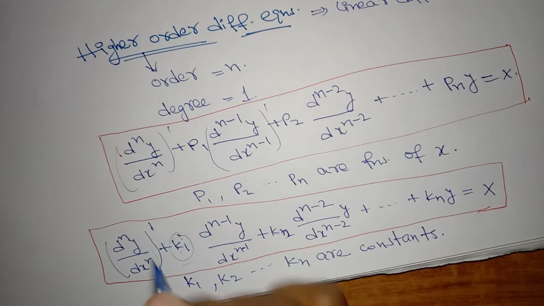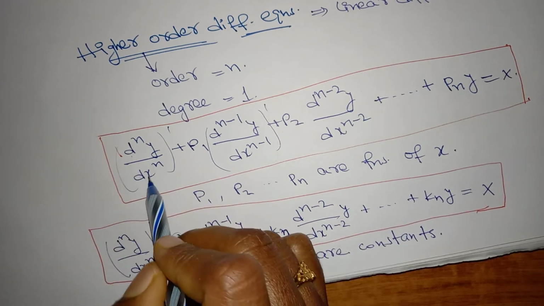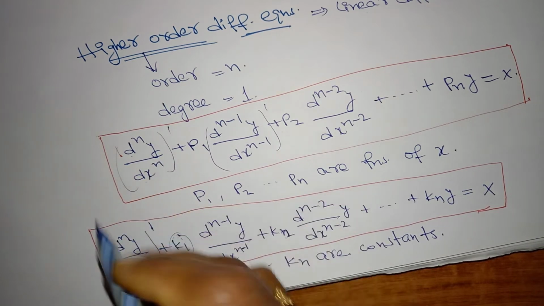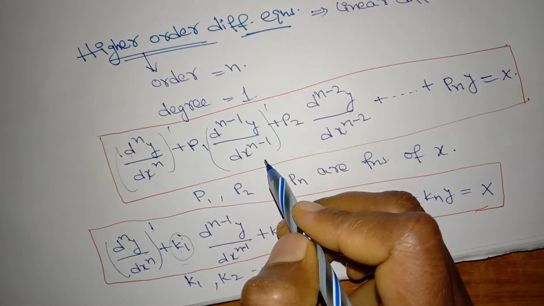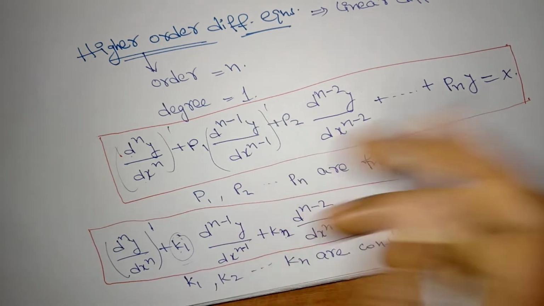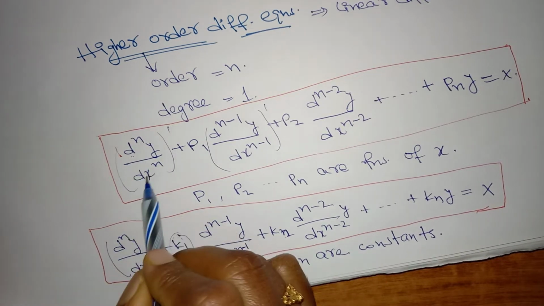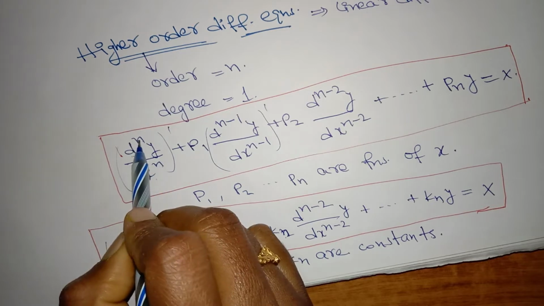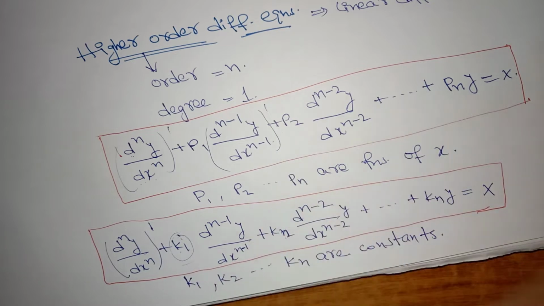For simplicity, I will replace these derivatives with the operator D. Every time writing d^n by dx^n, d^(n-1) by dx^(n-1) is a little bit difficult. So I will replace d^n by dx^n with D^n, and d^(n-1) by dx^(n-1) with D^(n-1), and so on.